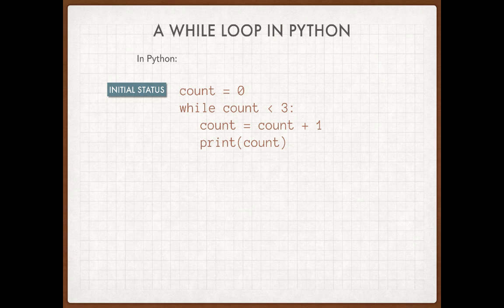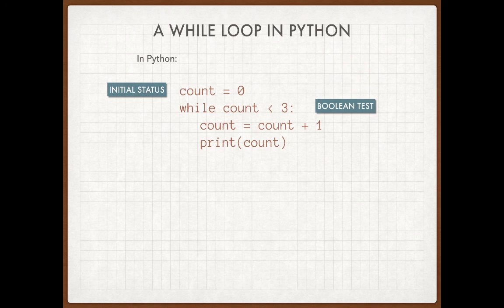So the same thing, these three parts are really, really explicit in a while loop. My initial status, or the conditions of the universe at the beginning, is that we haven't counted anything, so count equals 0. The second line is my Boolean test.